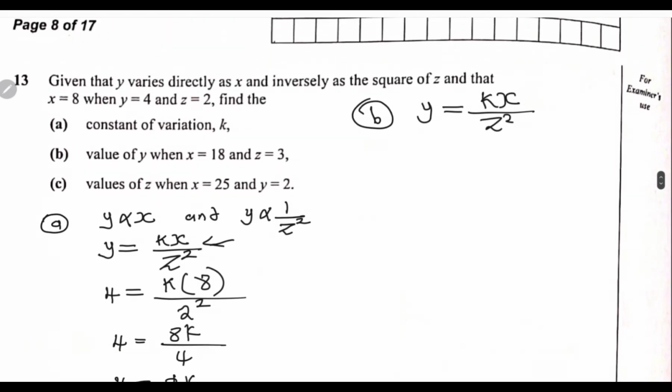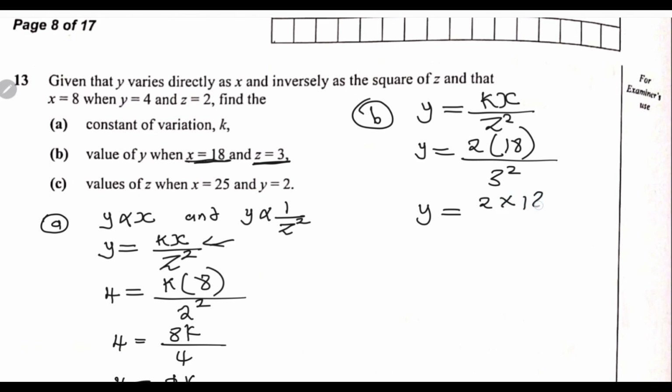So our x in here is 18 and our z is 3. So we say y equals k, which is 2, our x is 18 over z squared. So our z squared is 3 squared. So y is equal to 2 by 18 over 3 times 3.